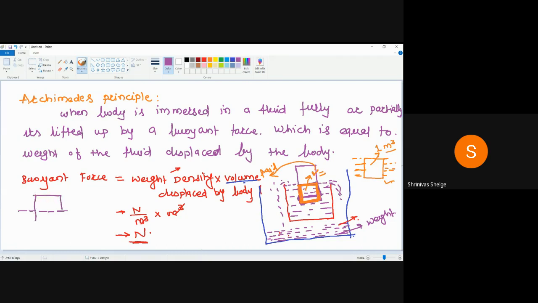Suppose this is the body, and 30% portion of this body is immersed in the fluid. Correct, 30% portion. And suppose 1 meter cube is the volume of this body. So now just tell me how much volume of the fluid gets displaced by this body.